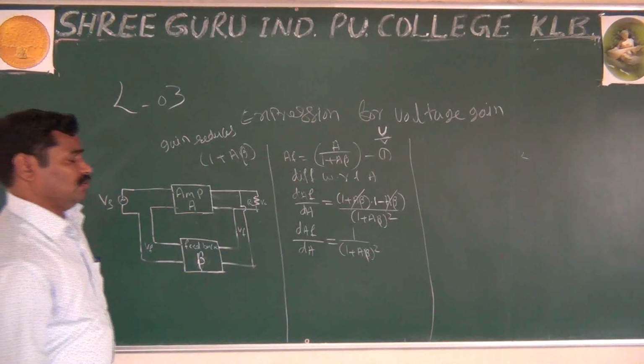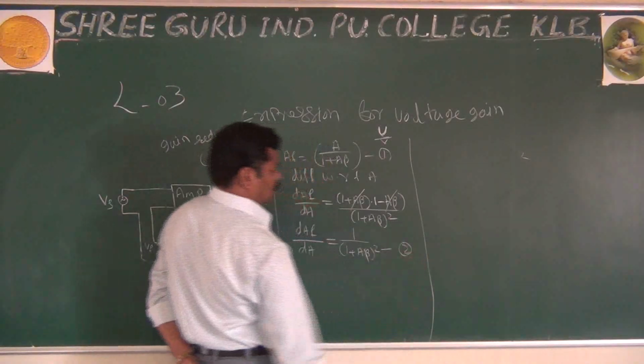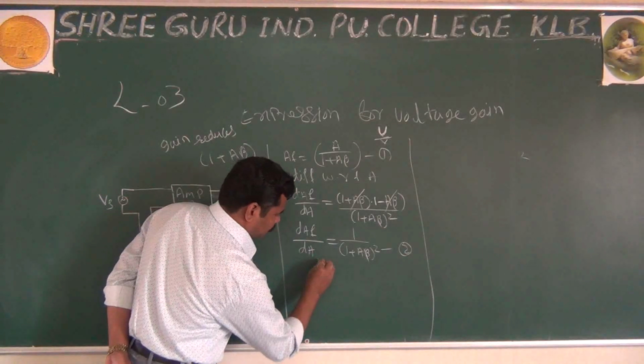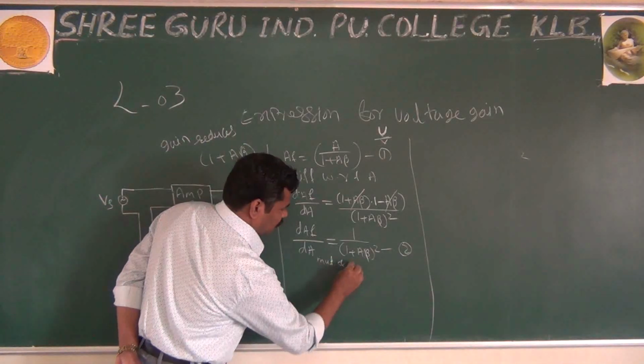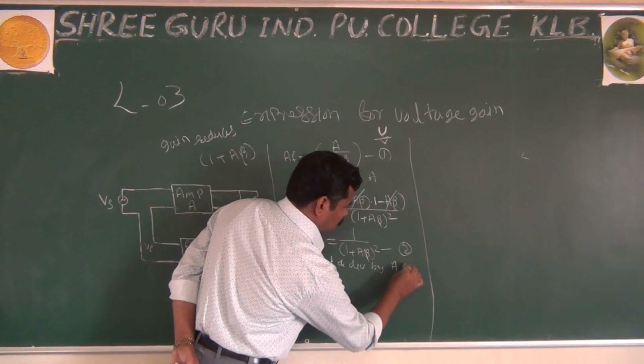And for this equation, we need equation number 2. This equation you can multiply and divide by A on the RHS.